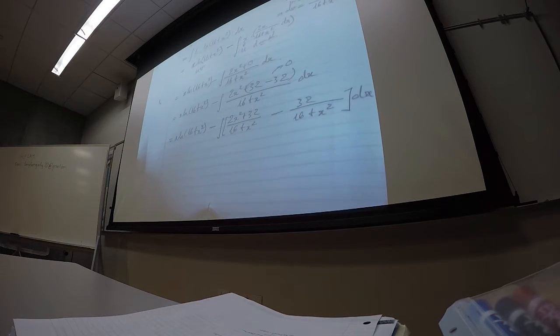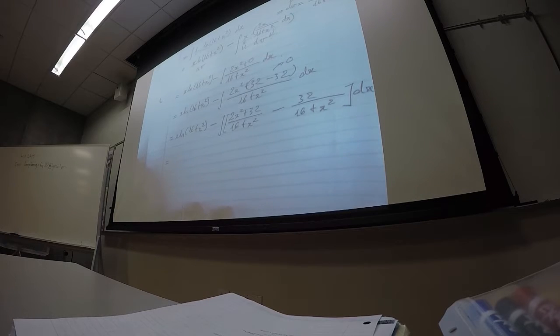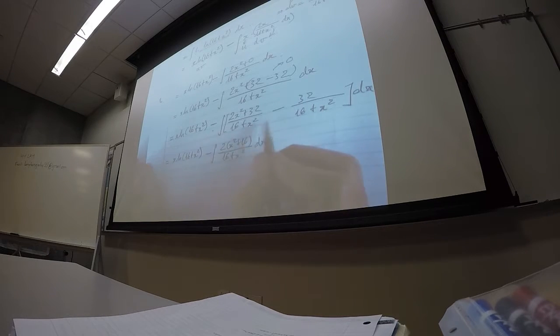That's equal to x ln 16 plus x squared, minus, pull out a 2 on the top, 2 times 16 plus x squared over 16 plus x squared dx, minus a minus, that's a plus, 32 over x squared plus 16 dx.